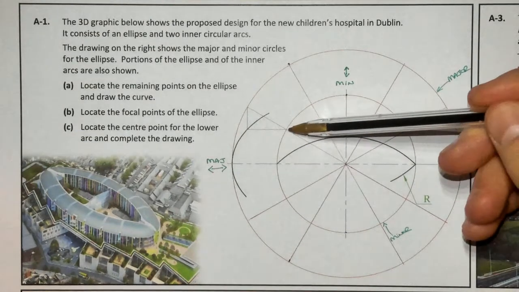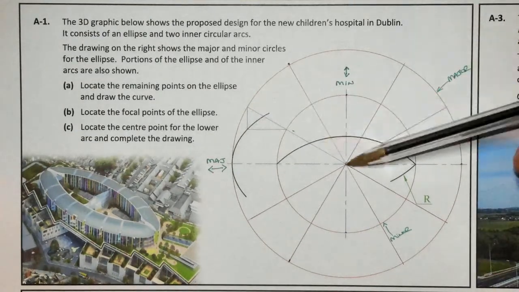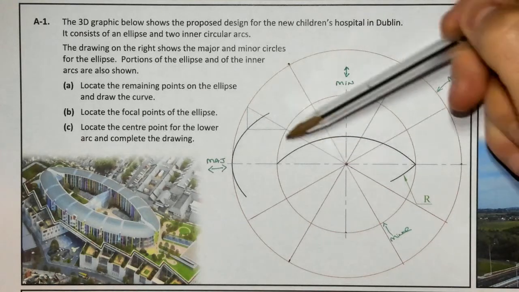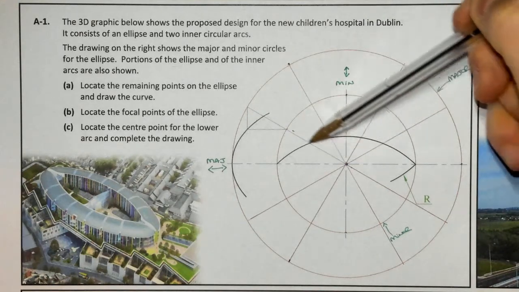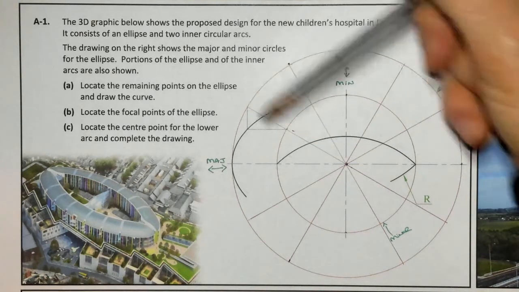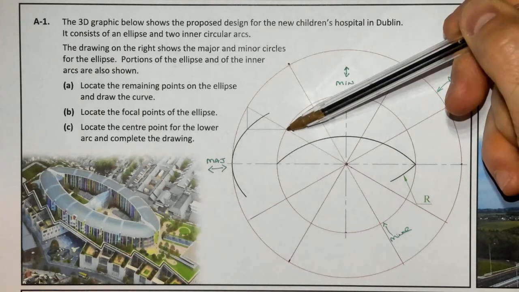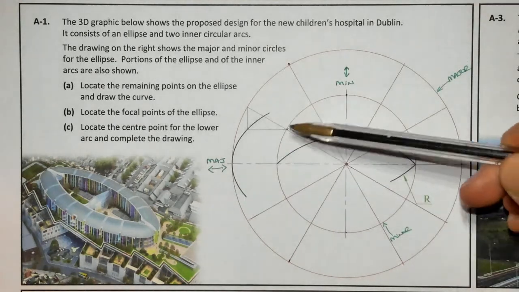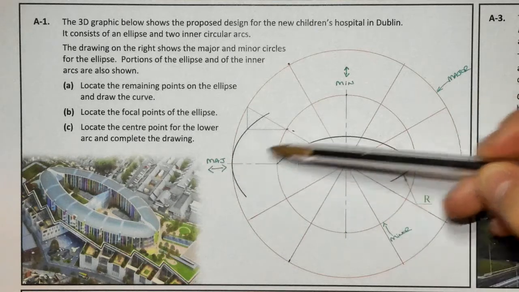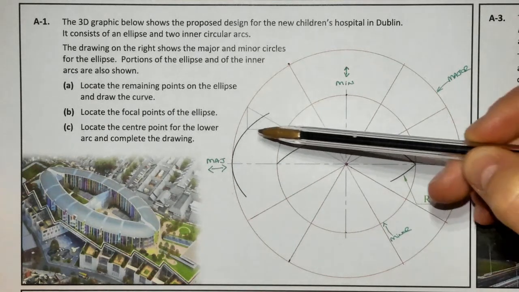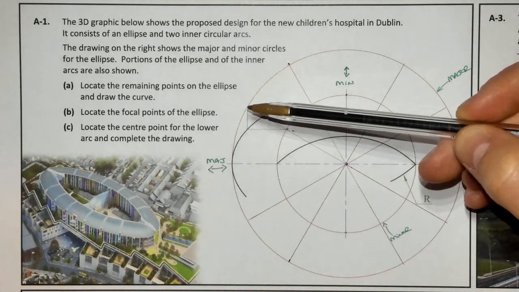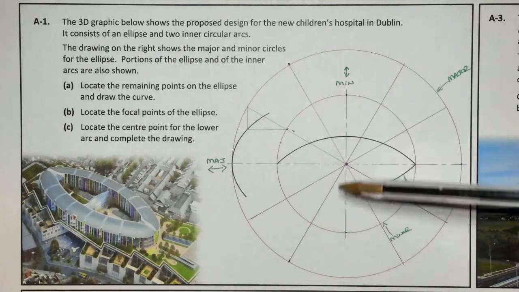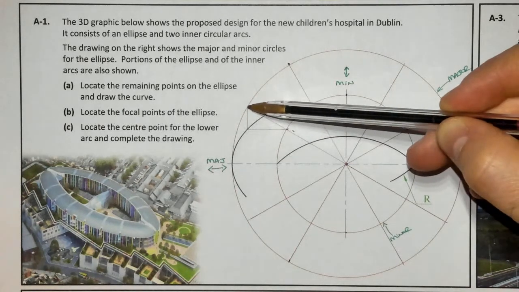So if you take this one for example, which they've already identified for us, you can see here where this 30 degree line is cutting through the minor circle and the major circle. Where it cuts through the minor circle, you go parallel to the major axis, which is going left and right. So where it cuts through the minor circle, we went left, and where it cuts through the major circle, we go parallel to the minor axis, which is going up and down. So where it hit the major, we go down.